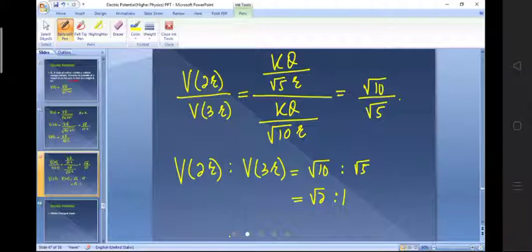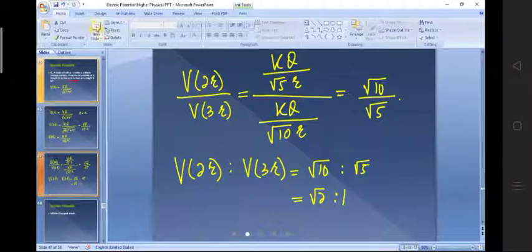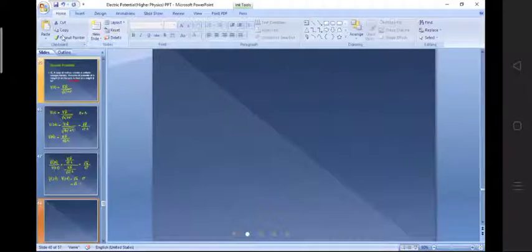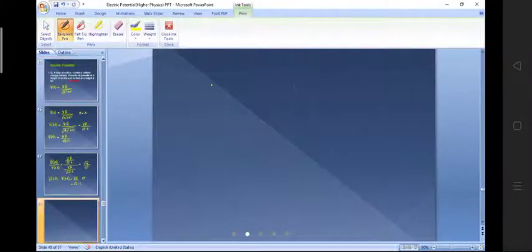We have calculated the electrostatic potential because of the ring. Here I'll be giving a home assignment for you: the electrostatic potential because of the disk. You know the electrostatic potential because of the ring. Using that expression, you can safely calculate the electrostatic potential because of the disk. So that will stay as homework for you, and I believe that you must be doing these home assignments at your home.